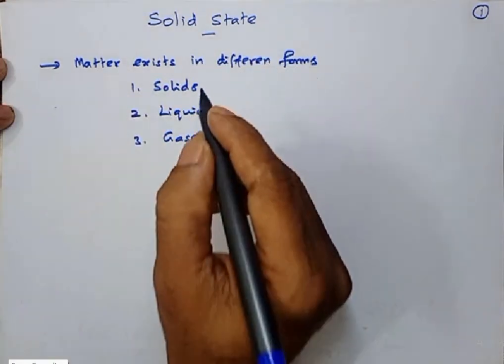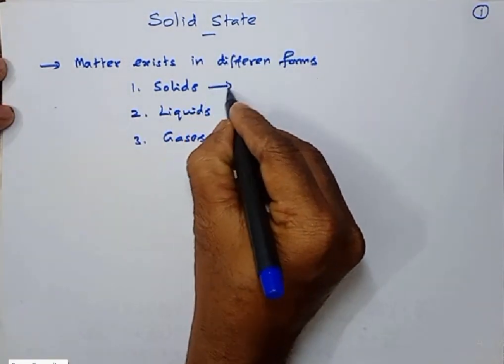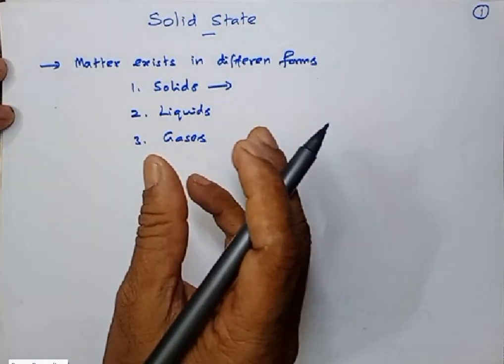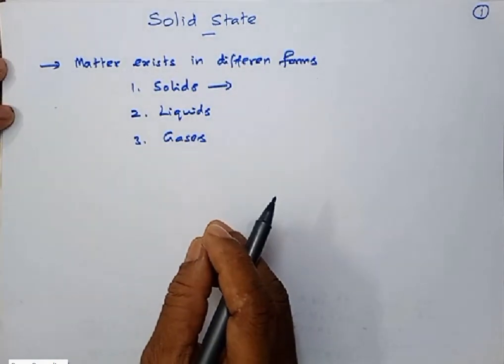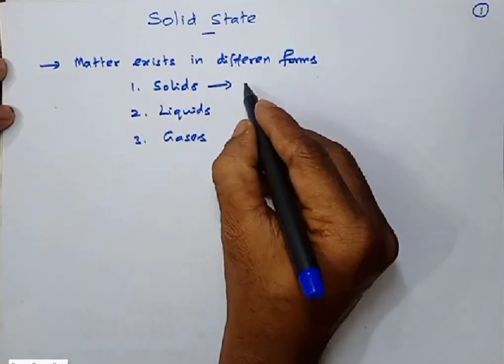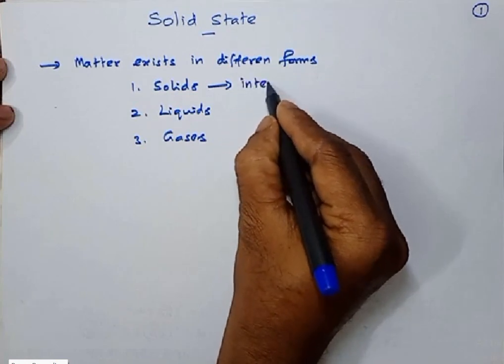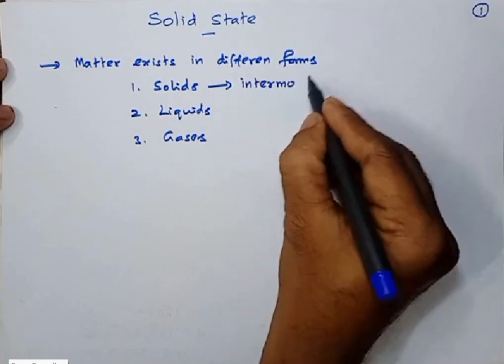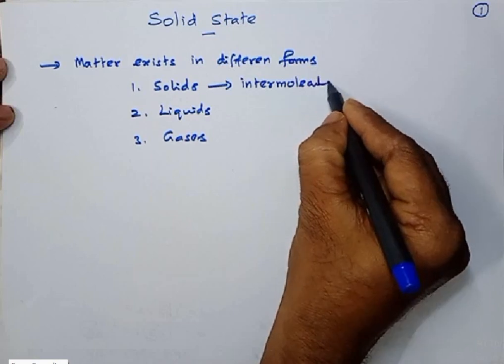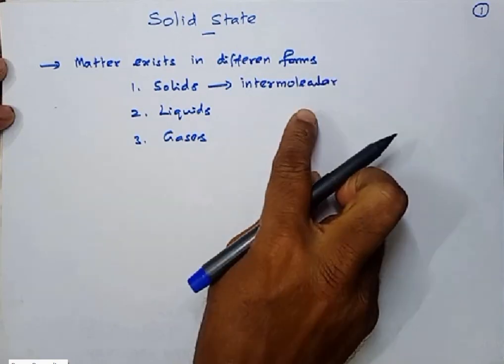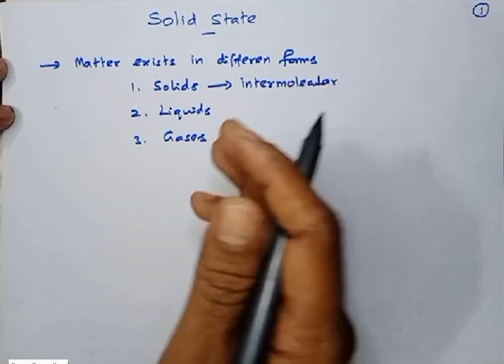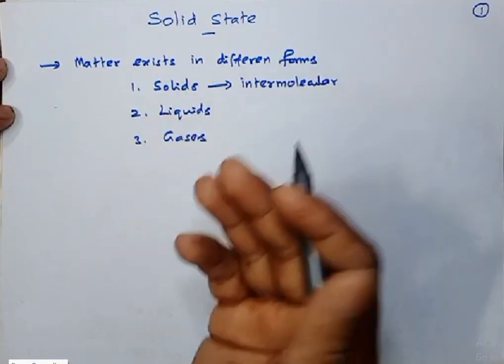And we all know that solid is one in which the intermolecular attraction is very, very large. I'm using the term intermolecular, but in solid the particles need not be molecules, it can even be atoms, it can even be ions, right?